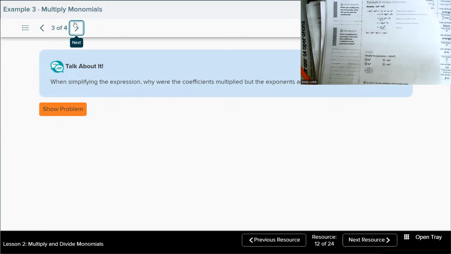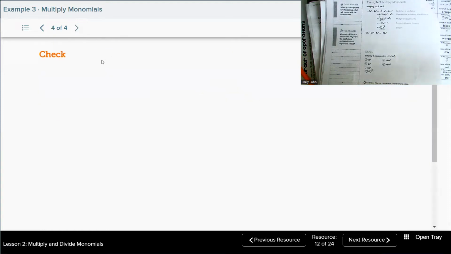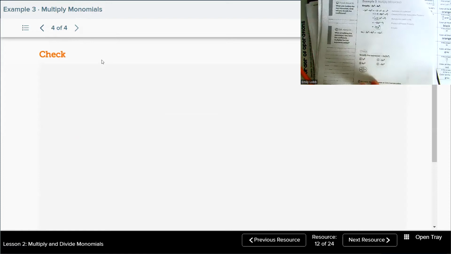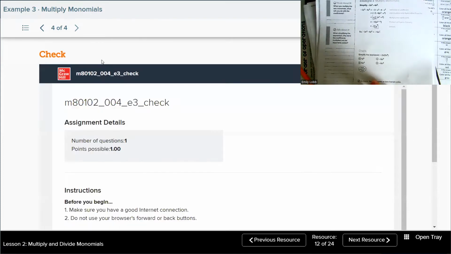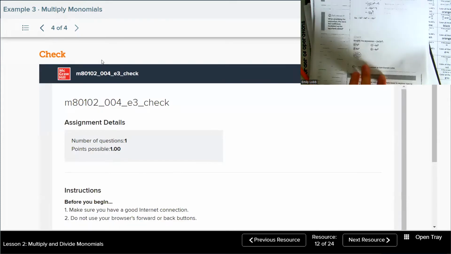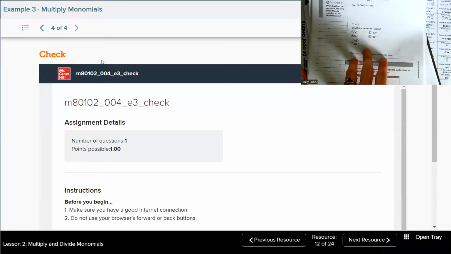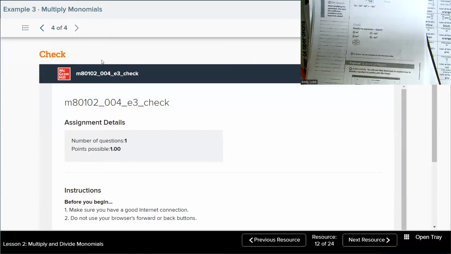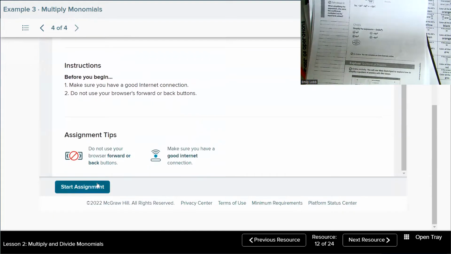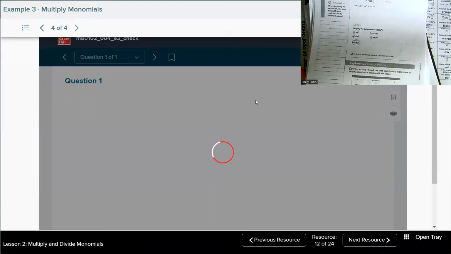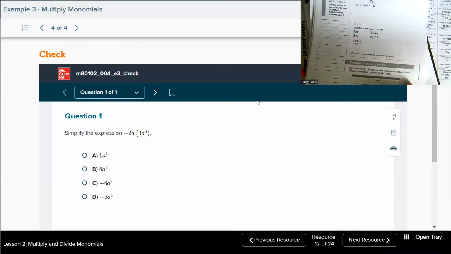And our check. All right, so we're checking it. It is negative 2a times 3a to the fourth.